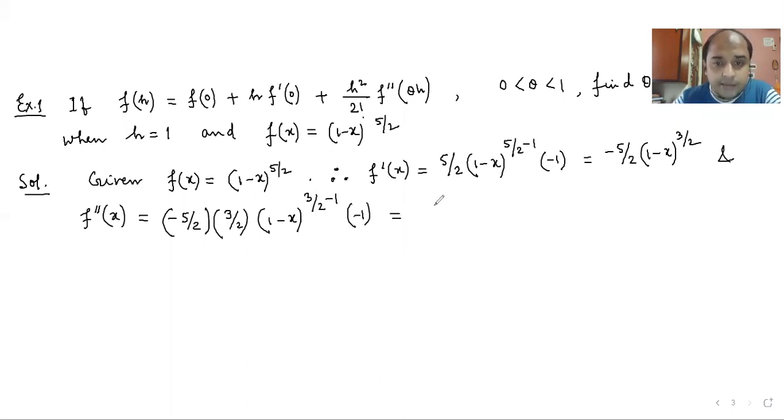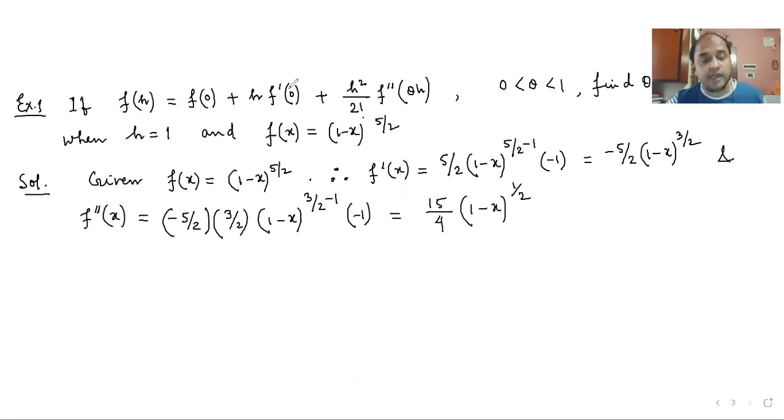So we get 15 by 4 (1 minus x) to the power half. This term will become positive because one negative sign is over there and another negative sign is over there, so that will make the term positive.